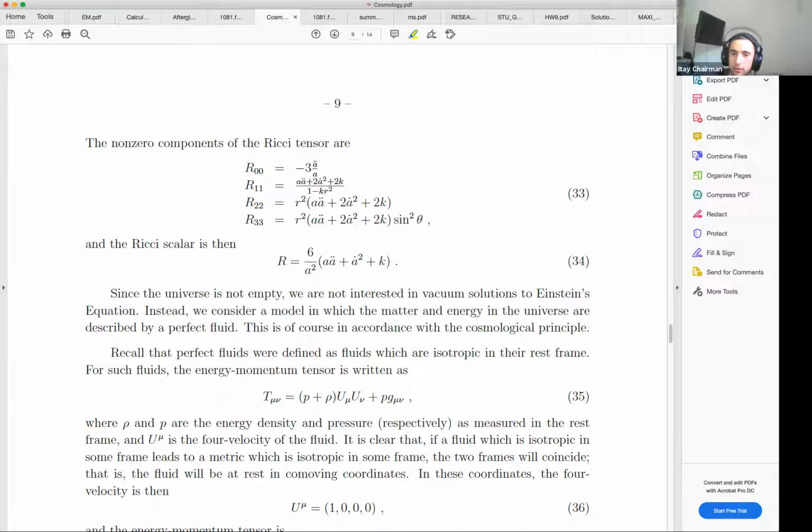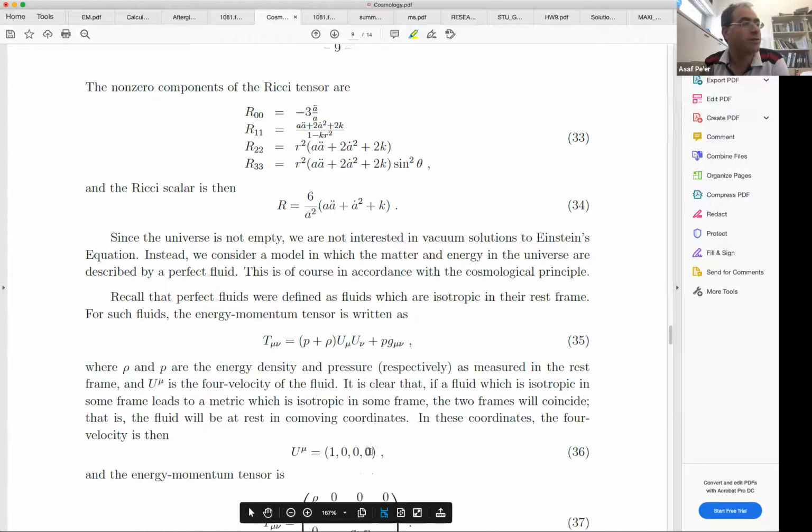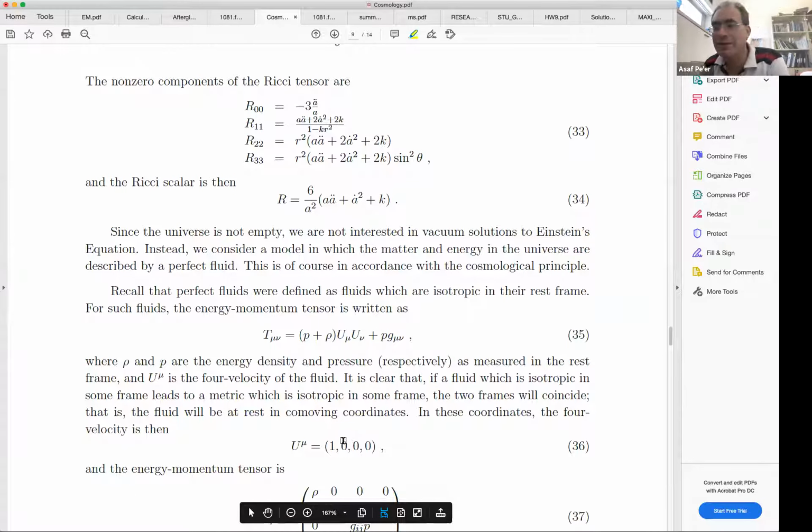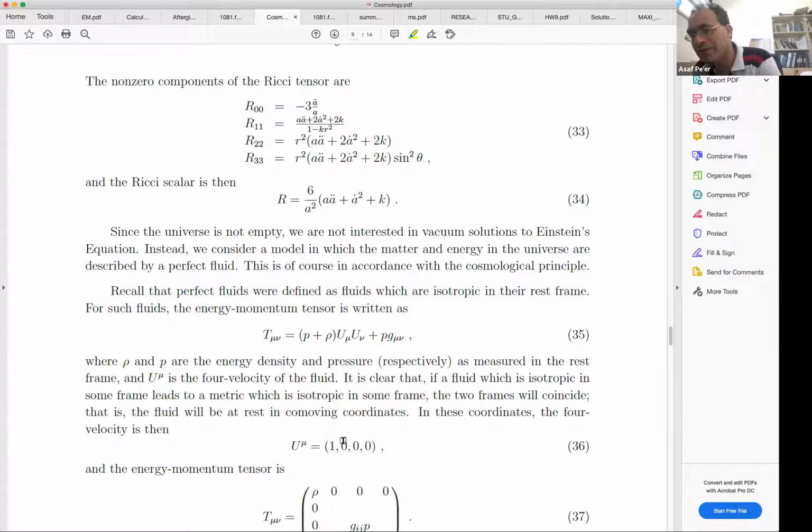Yeah, very good, only that c is equal to 1. So I can simply write it as (1, 0, 0, 0), of course, right? That describes a particle at rest or a fluid at rest. There are no velocity components.